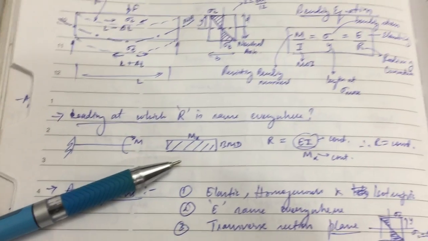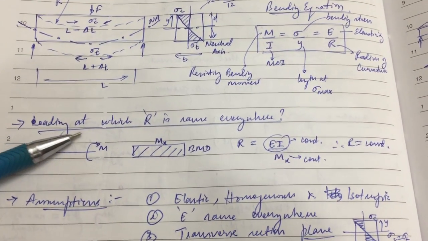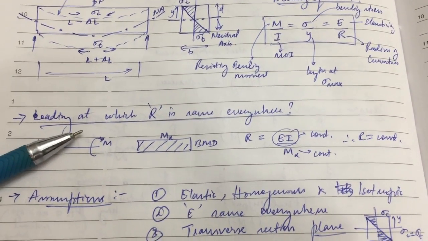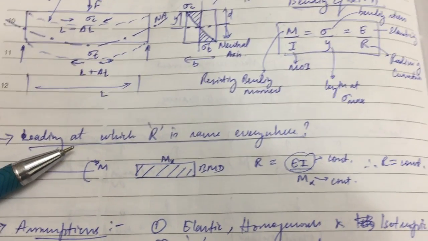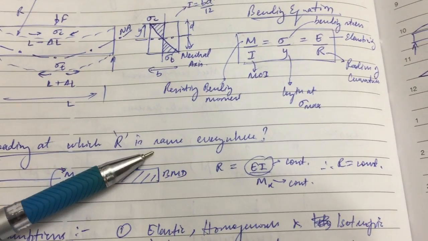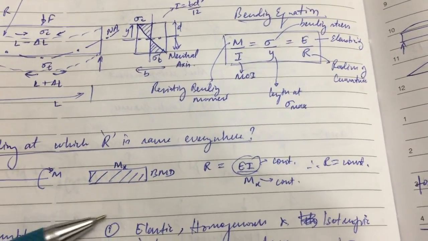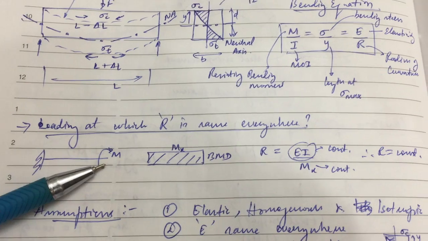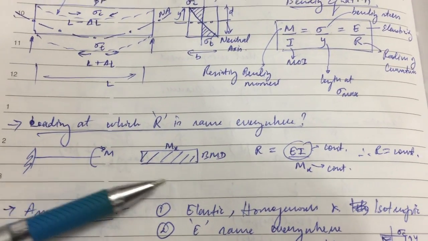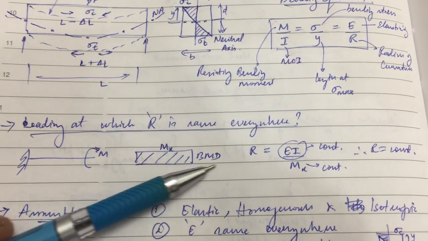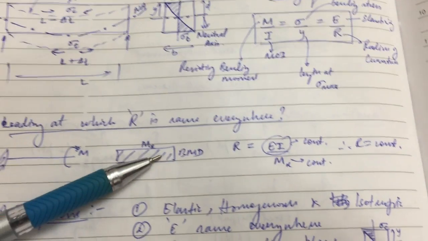Okay, so if the question is asked, tell us the loading condition at which the radius of curvature is the same everywhere. In such cases the beam is loaded with only a moment. In that case the BMD, the bending moment diagram, will have only the moment as a rectangular shape.